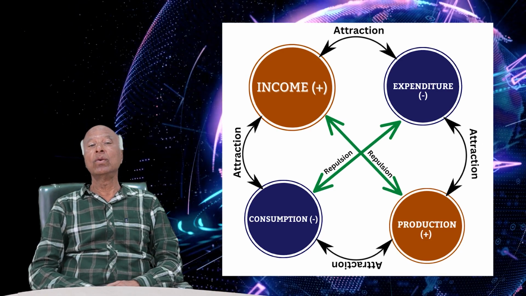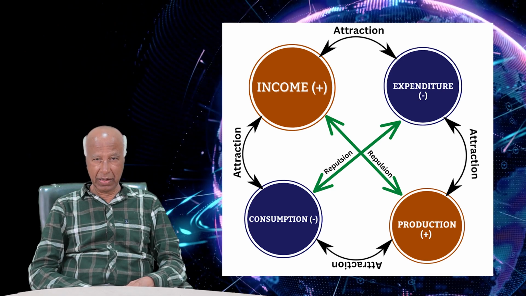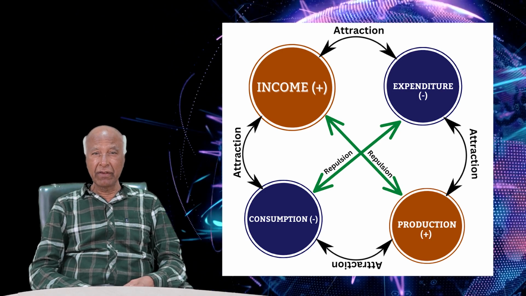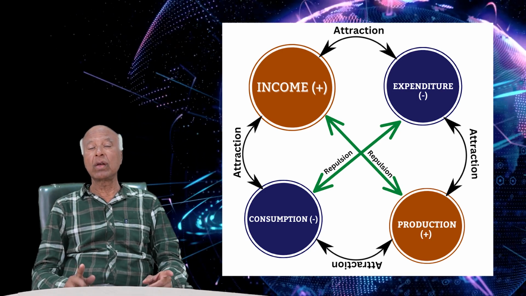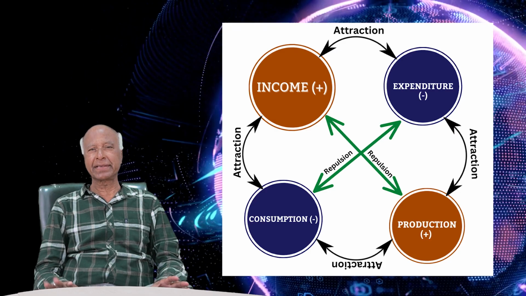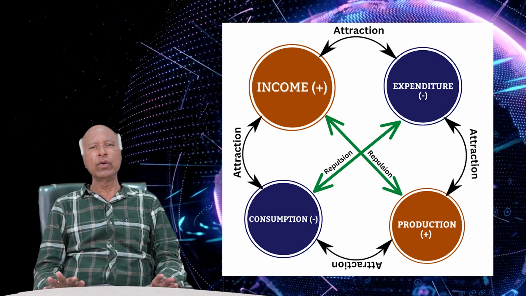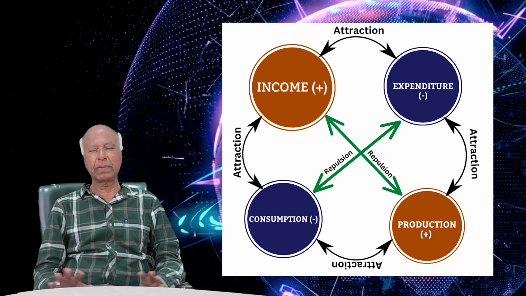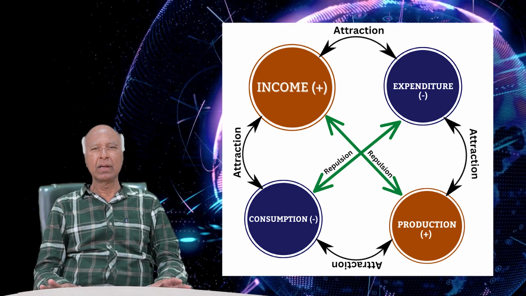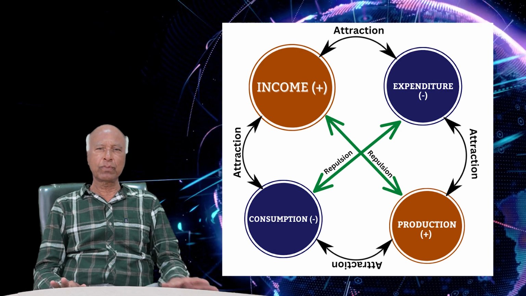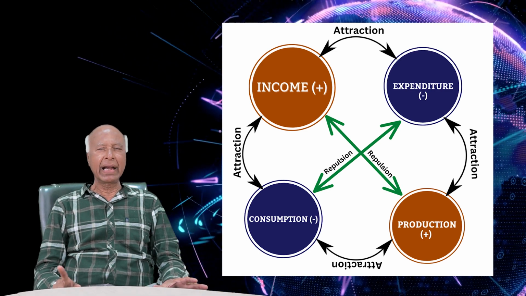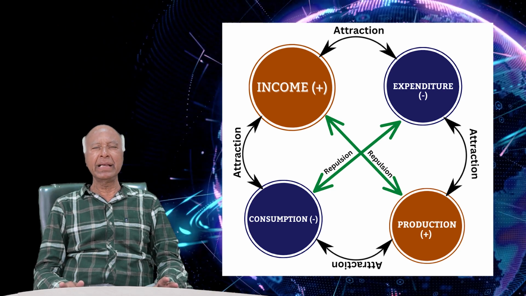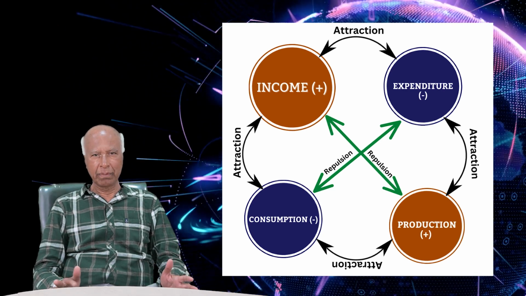Now I will tell you another aspect of this flow of current. If you have two magnets, and you bring two similar poles together, plus pole of one magnet and plus pole of another magnet, the result will be repulsion.